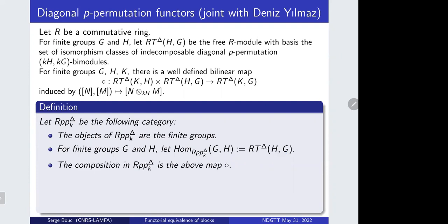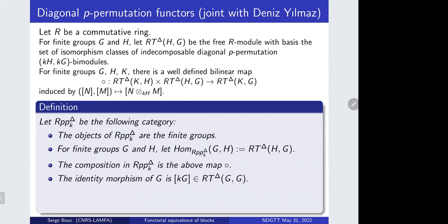So this is the composition in this category. The identity morphism of the object G is KG between brackets. We have seen that KG is a diagonal p-permutation KG-KG bimodule, so it's an element of that group, and it acts indeed as an identity element for this tensor product, or the composition in this category.